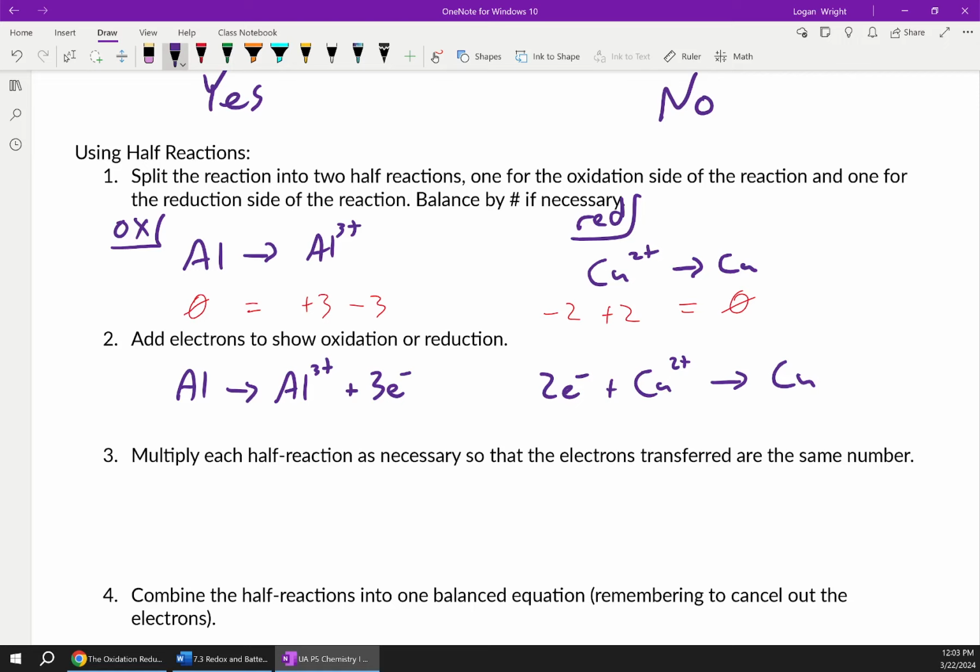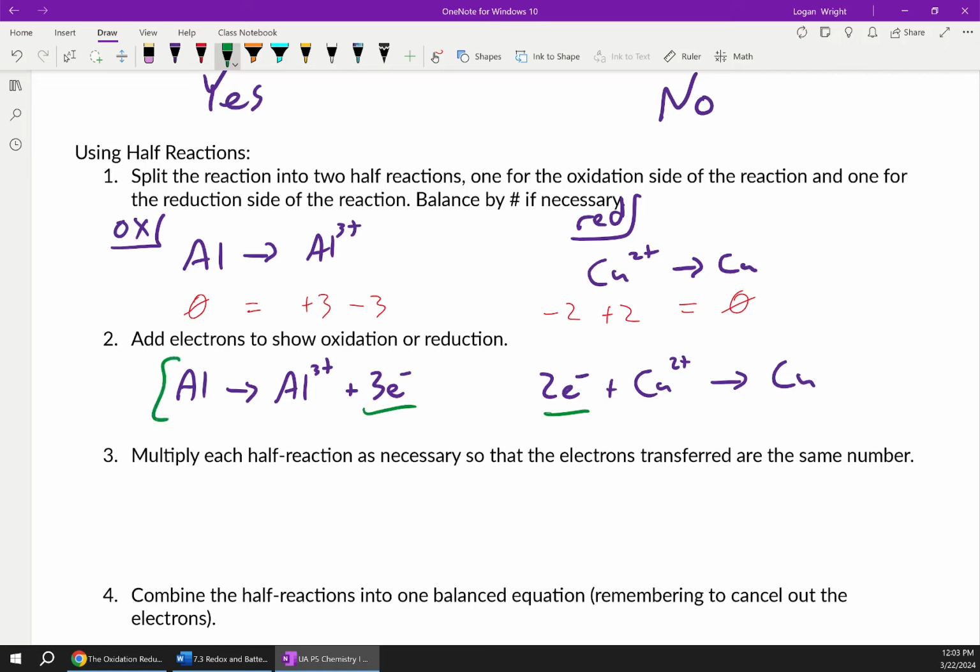Now, what matters is these are supposed to be two halves of the same whole, and the numbers of electrons don't match. So step 3 is we need to multiply each half by whatever we need to multiply it by to make those electrons match. If I multiply everything by 2, I'll have 6 electrons on one side and 4 on the other.